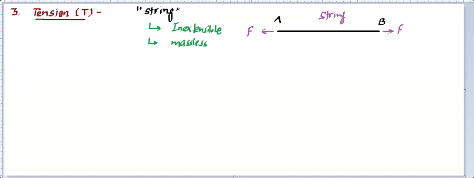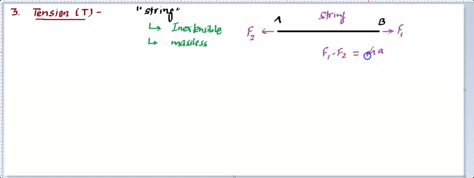Now, if it is massless, then no matter what happens, these forces have to be equal. If you call them F1 and F2, the net force you write is F1 minus F2. Later on you will learn net force equals mass into acceleration.